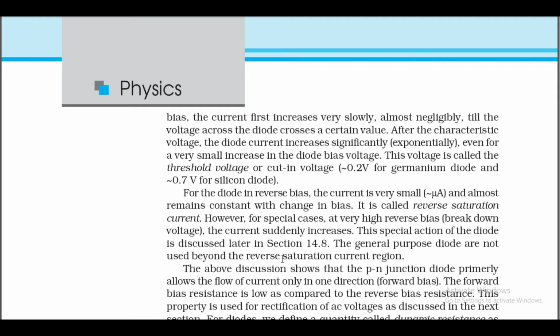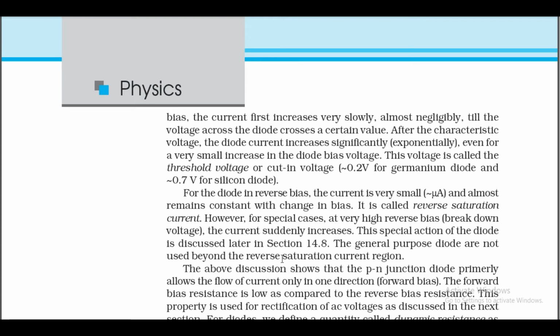voltage. This voltage is called the threshold voltage or cut-in voltage, equal to about 0.2 volts for a germanium diode and 0.7 volts for a silicon diode. For the diode in reverse bias, the current is very small, in μA, and almost remains constant with change in bias.